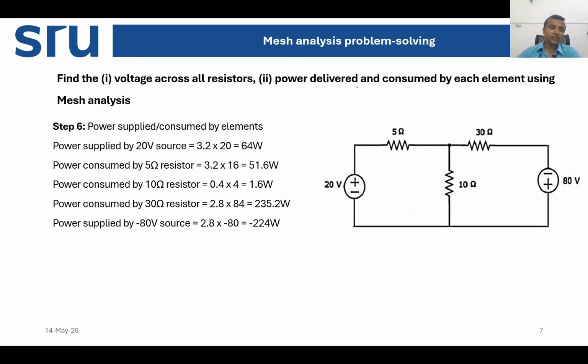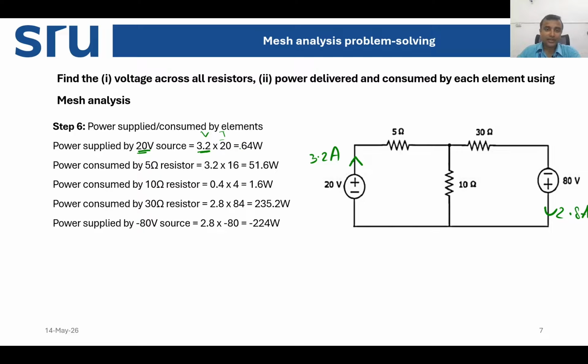Okay, so now the power supplied and consumed. The power supplied by a source is voltage times current. The current through the 20 volt source is 3.2 ampere, and through the 80 volt source it is 2.8 ampere.